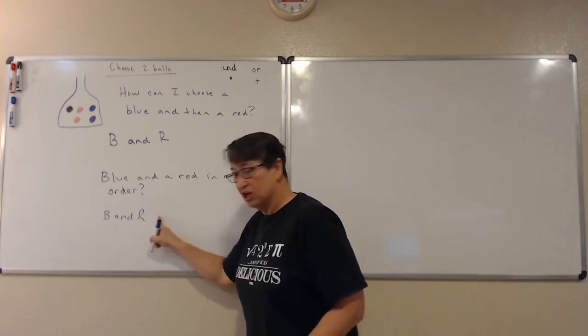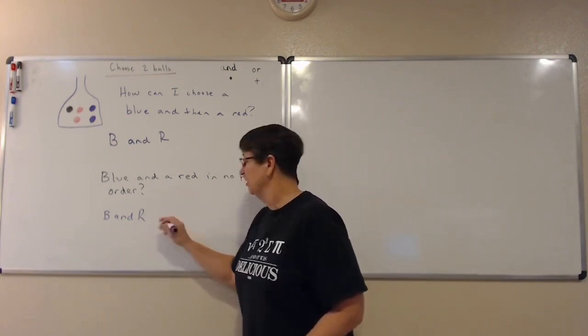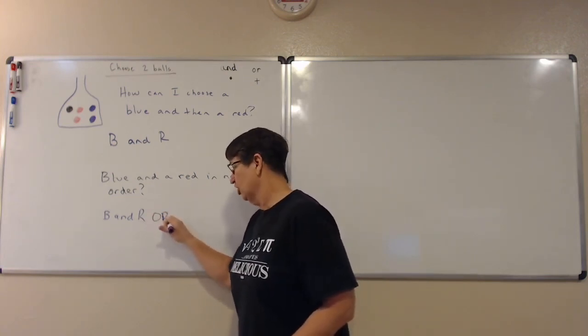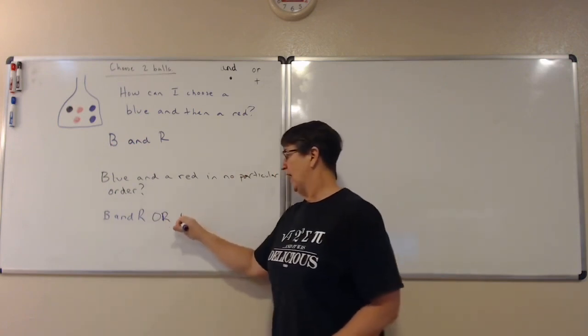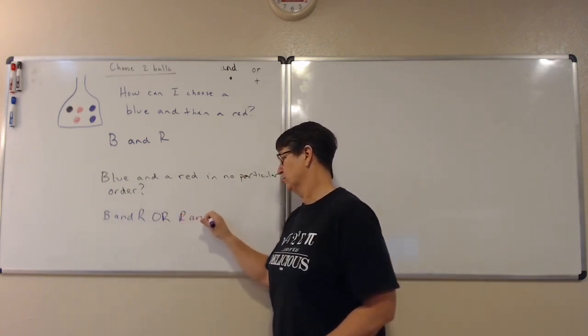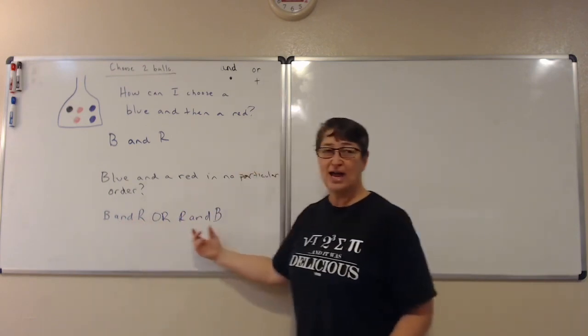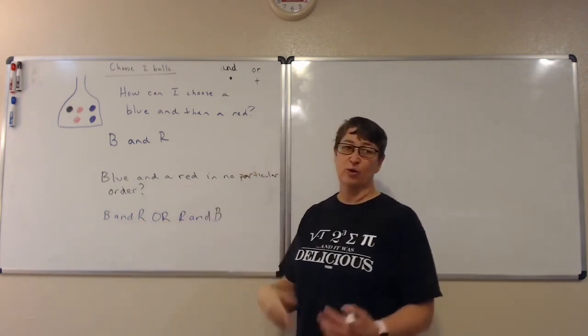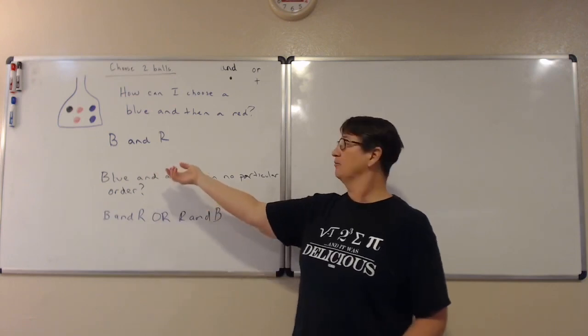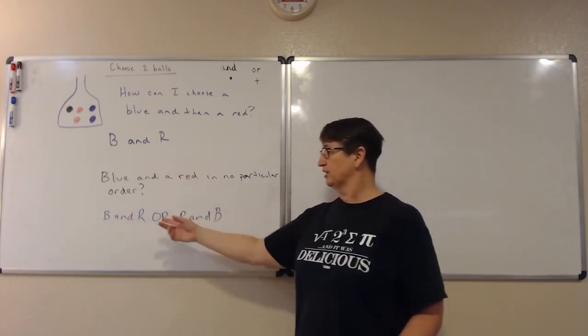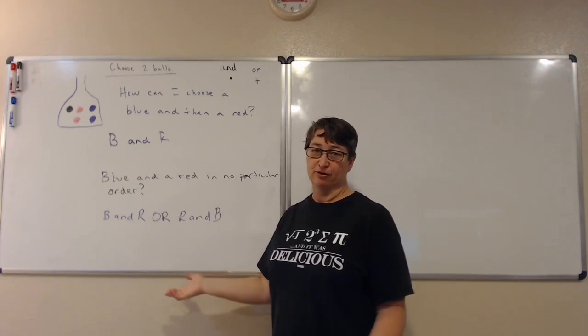Again, these conjunctions in here are going to be really important. That or I could get a red and a blue. So there are two different ways that I could pull a blue and a red out of this particular jar. I could get the blue first, or I could get the red first.